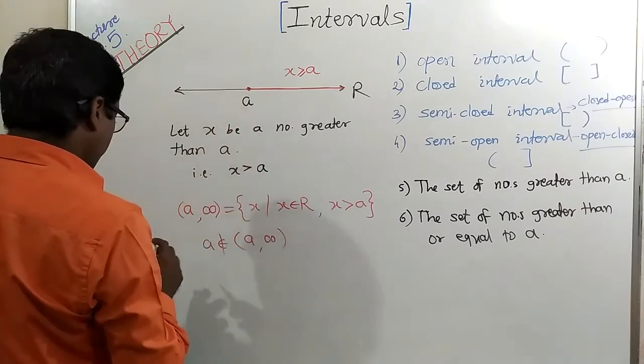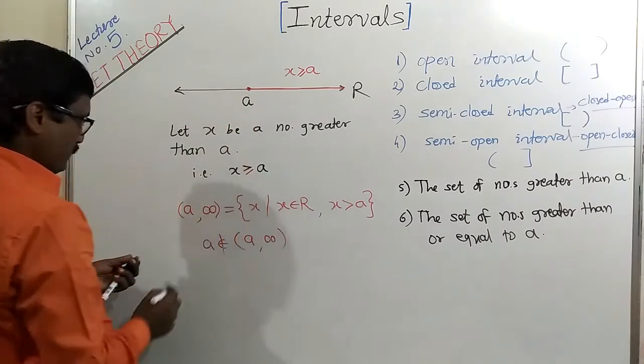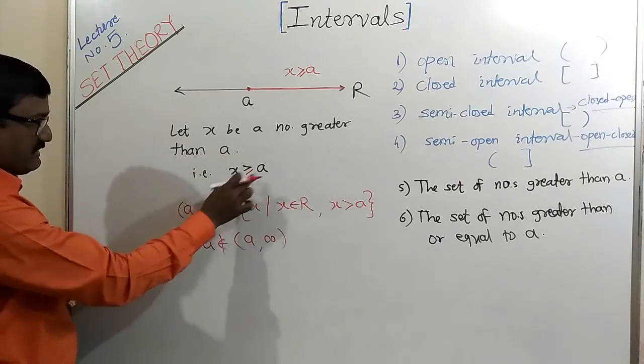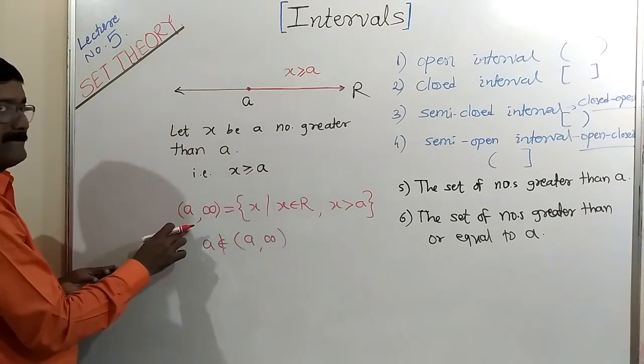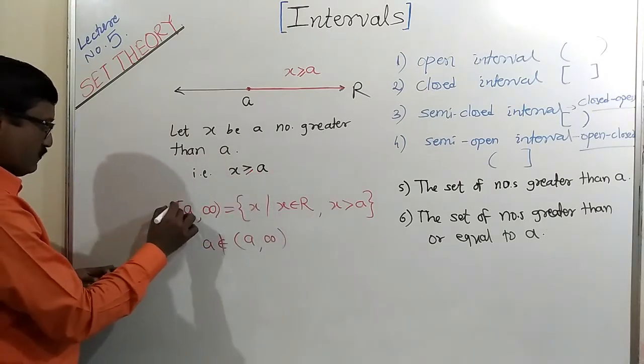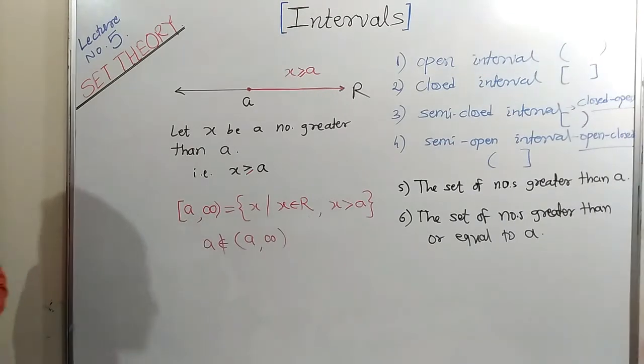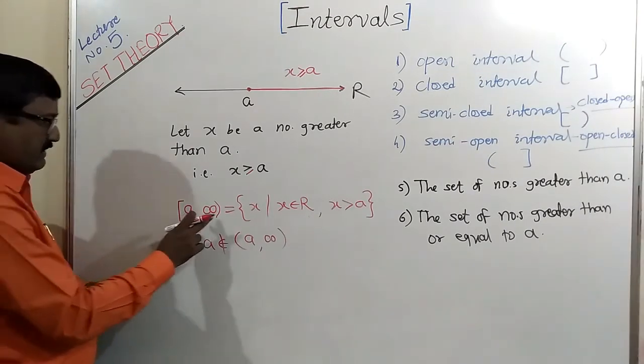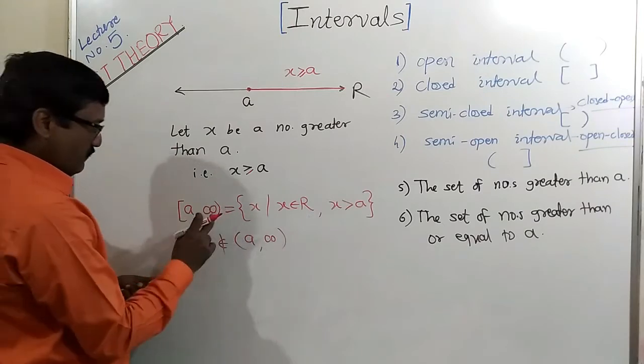So the difference is only that x is greater than or equal to A, so here x is equal to A, so it is closed. Is it clear? Closed A, infinity is always open.